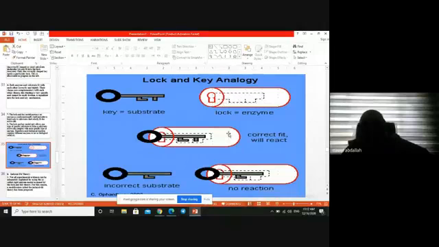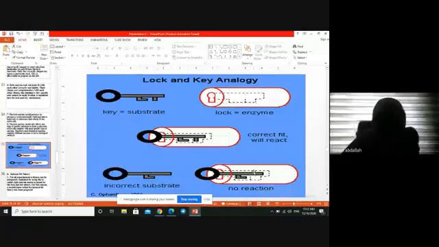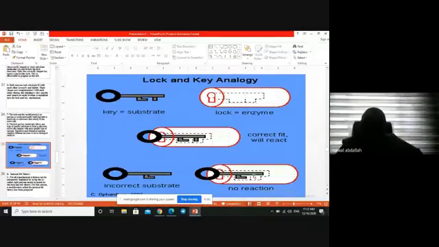A correct fit will react. An incorrect substrate cannot react with the enzyme.